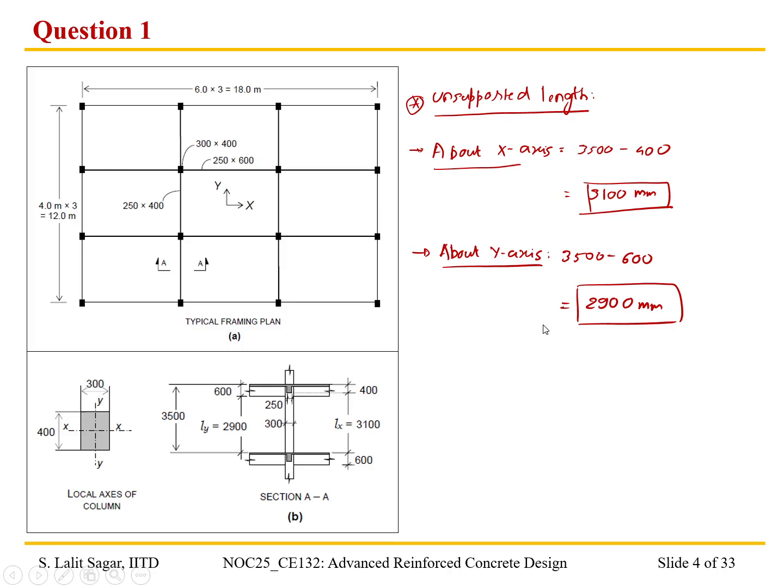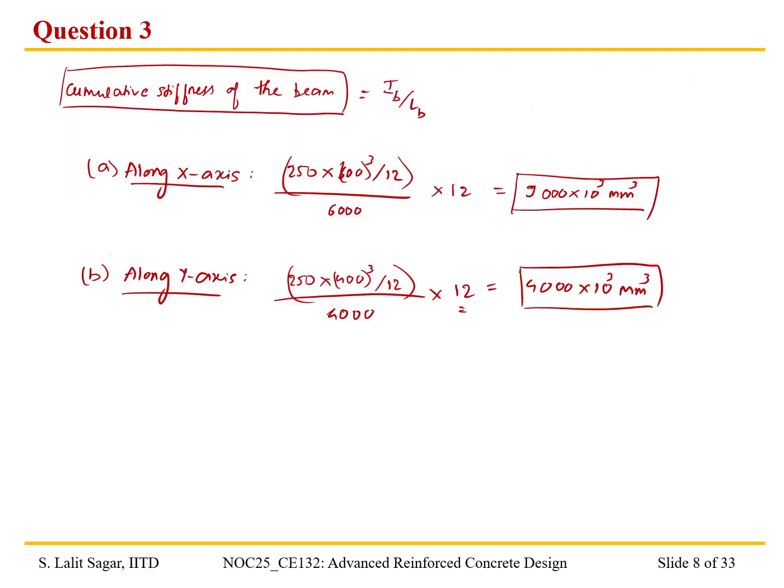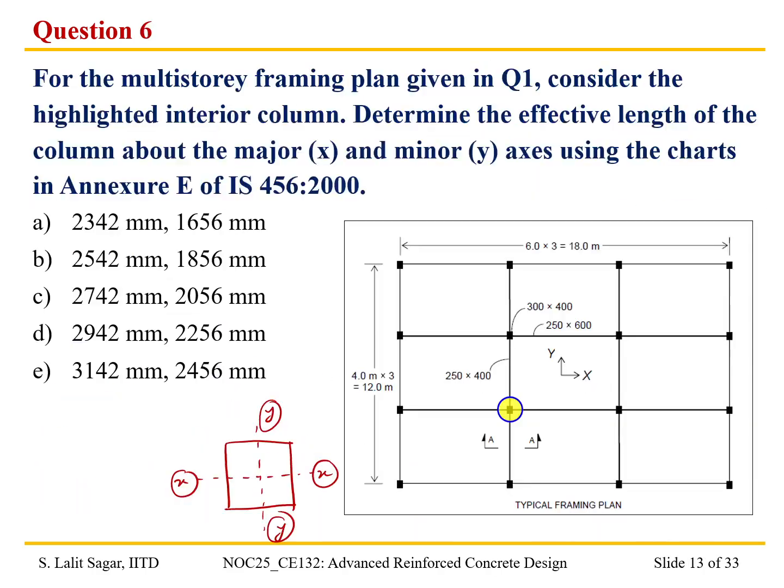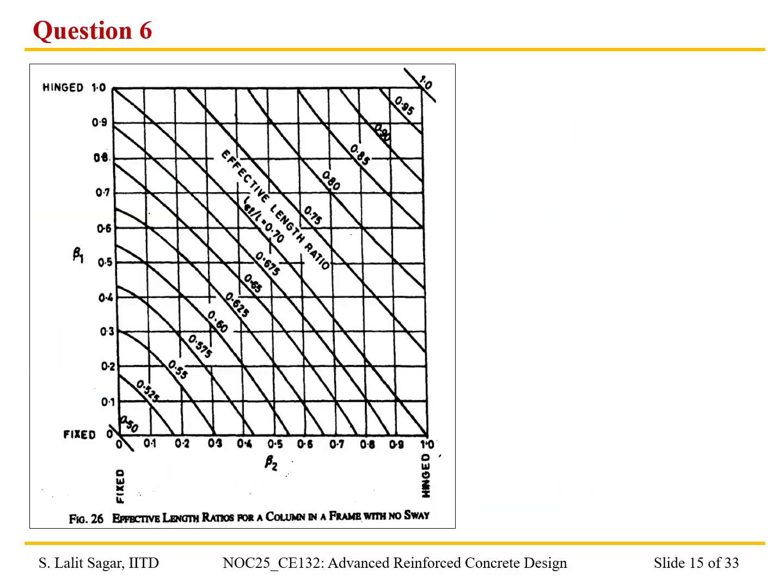Okay, we need to use this and the k factor to arrive at the effective length of the column. Right. So we have effective length. Let me call it as lex.